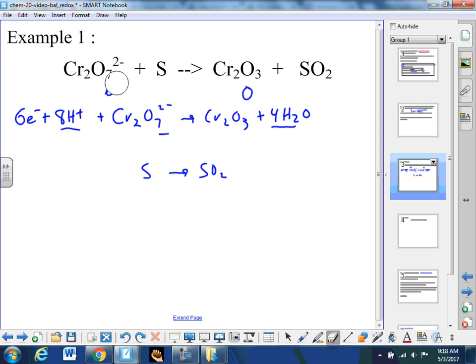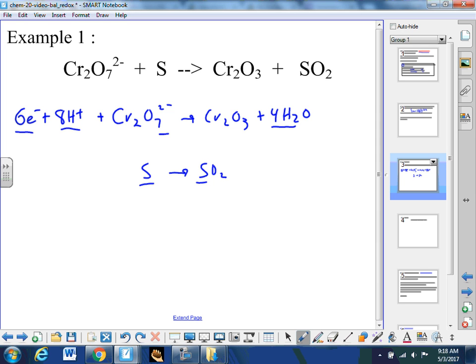Now both sides have a net charge of 0 and they balance in terms of charges. By the way, the top one turns out to be the reduction half reaction since electrons are being added. So this second one is the oxidation half reaction, the sulfur changing into SO2.